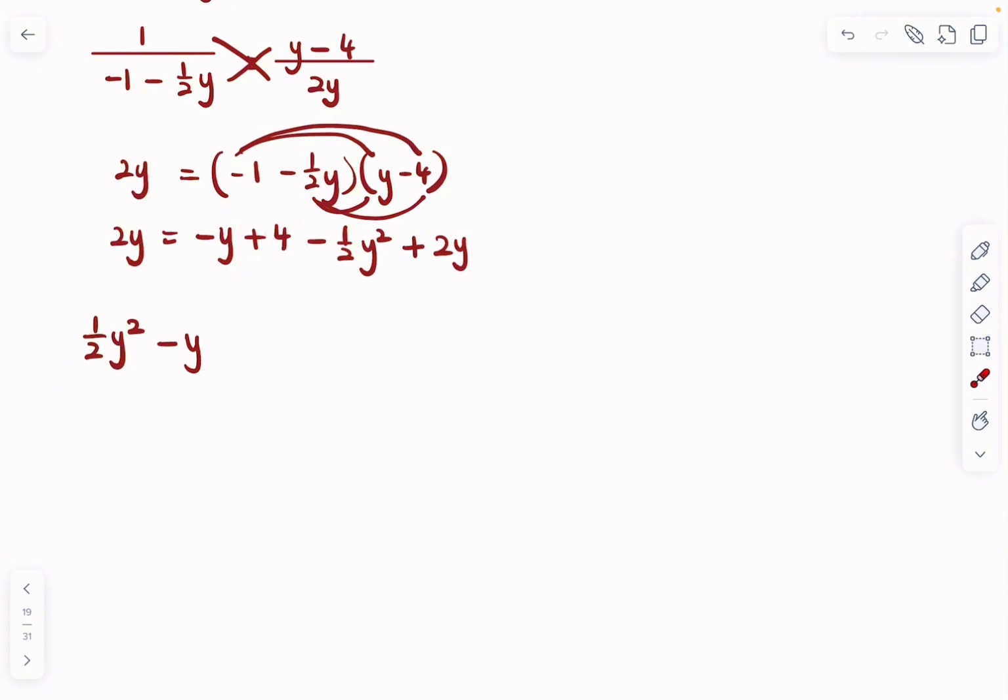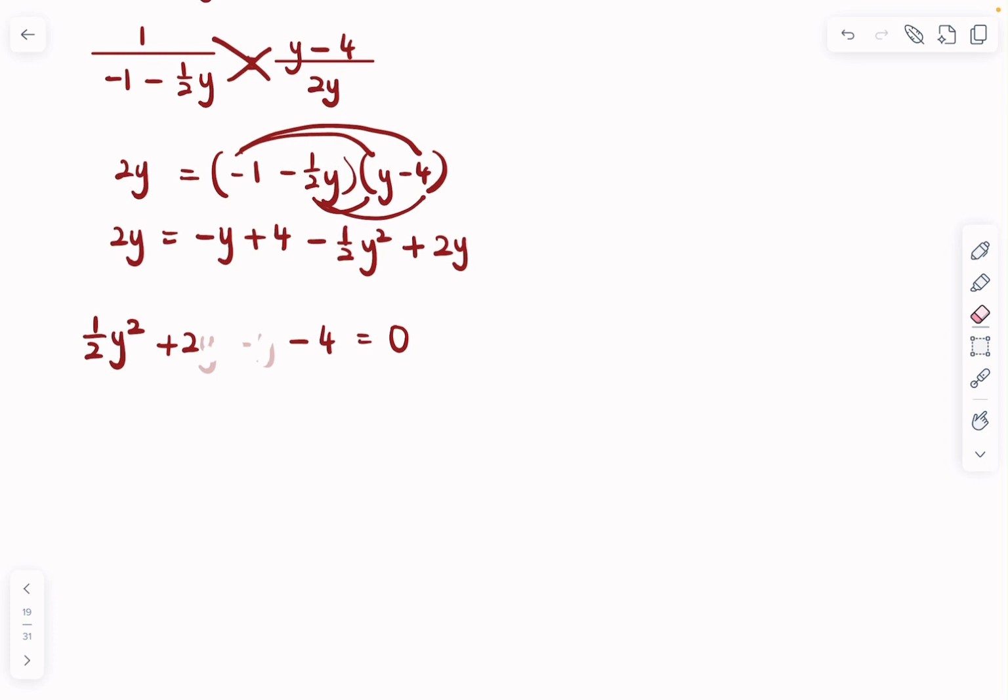Oh, sorry. Here, negative y plus 2y will give us y. Y, we must bring it here. So it will become 2y minus y. Then plus 4, bring here, become minus 4. So 2y minus y is just y.